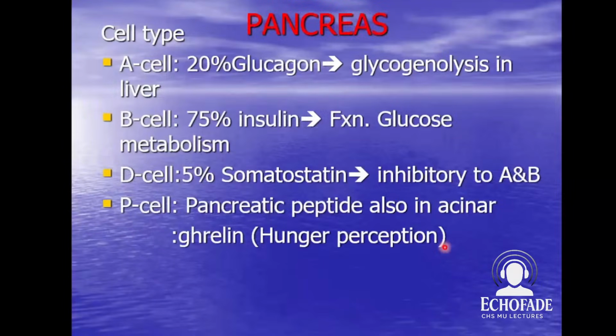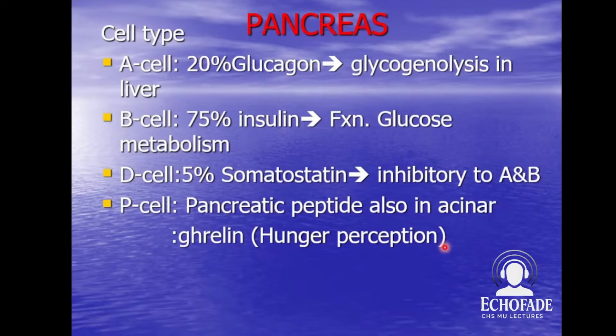So if your stomach is empty, there's more production of ghrelin, and therefore you feel that you are hungry and you must eat. Also, the amount of ghrelin circulating in blood will stimulate the feeding center in the brain.